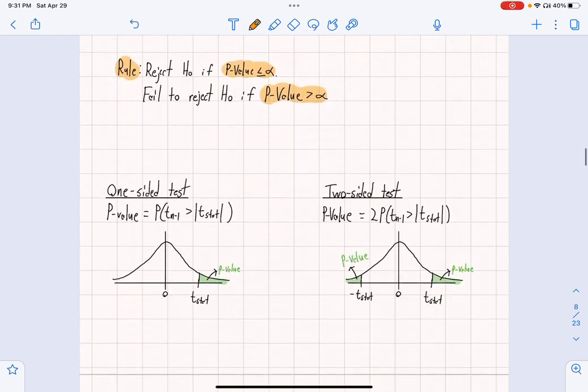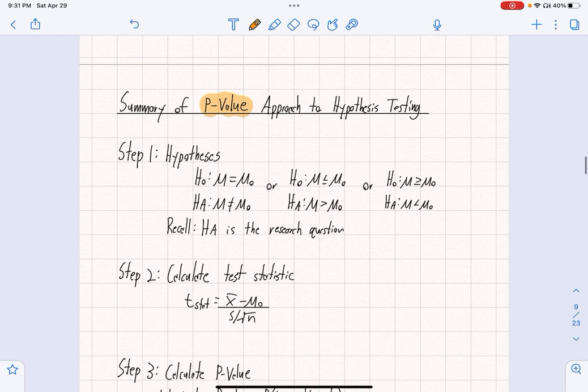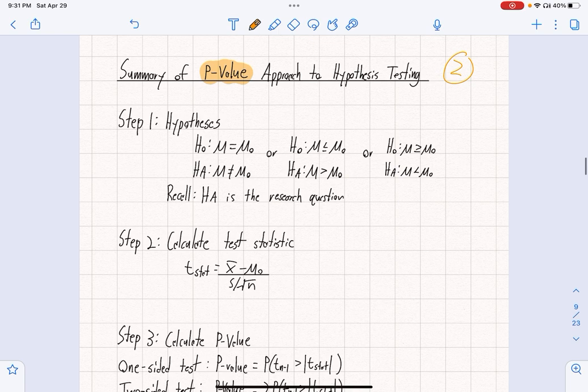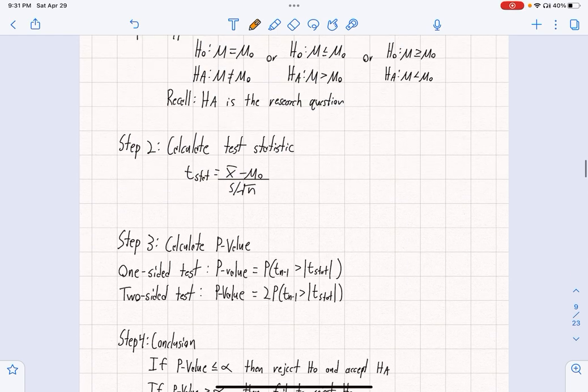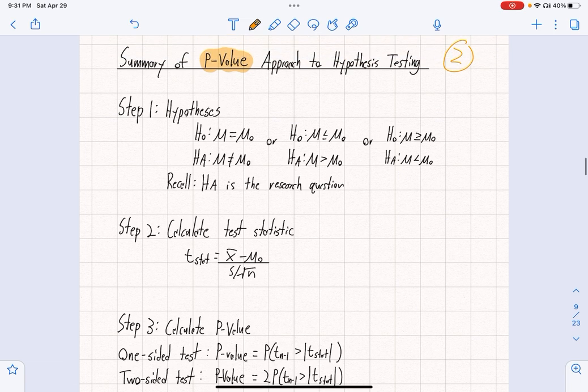And then also our p-value page right here. That way, if these 2 pages of notes are handy, this will help keep us organized and we can work through problems step by step according to this 5-step process, whether we choose to do the critical value approach or the p-value approach. Okay, so that's all the material. Now we actually want to do some practice, which is what we're going to do in the next video.